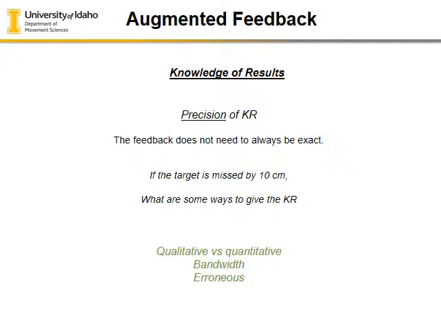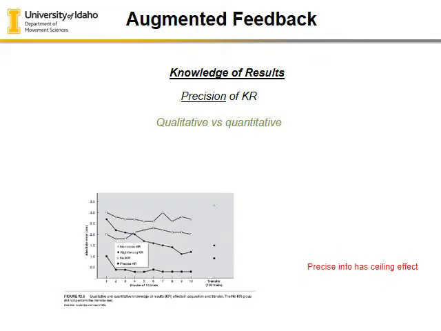And so the idea is this qualitative versus quantitative, and then bandwidth and erroneous, and we'll talk about what those are right now. So this qualitative versus quantitative is this idea that maybe we just need to say, hey, you were right or you were wrong, or you were right by this much or wrong by this much, right? If I gave a number to how much you were right or wrong, that is the quantitative.